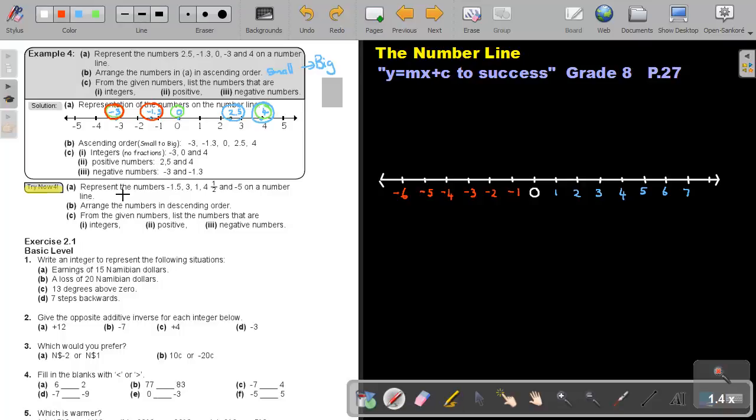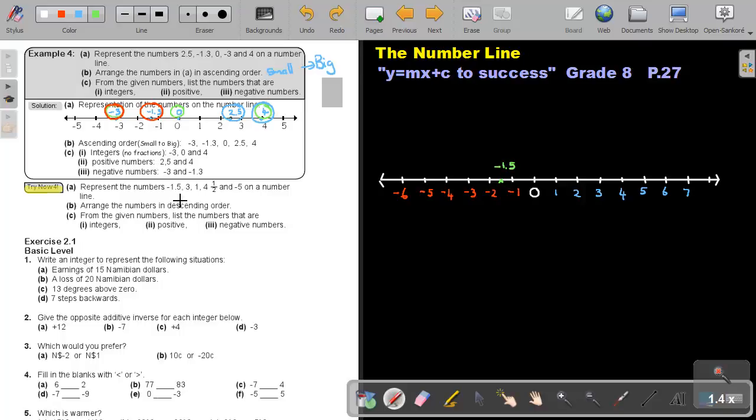Okay, let's start. I was drawing my number line and I made 1 centimeter spaces. And I was writing the positive numbers as well as the negative numbers. Now, let's start by plotting all those numbers. So, negative 1.5. Negative 1.5 will be exactly in the middle there, between negative 1 and negative 2. So, it's negative 1.5.